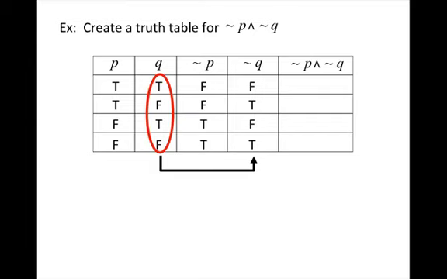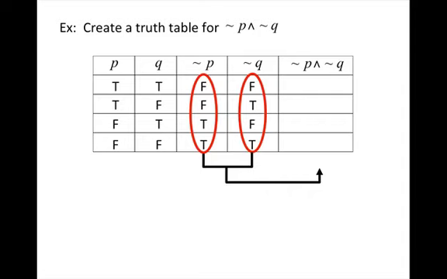And finally, for the AND, I compare what's in front of the AND symbol and what's behind the AND symbol. In front of the AND symbol is a not P. Behind the AND symbol is a not Q. If you remember, AND was only true in one case, and that was when both parts, what was in front of it and what was behind it, were true.